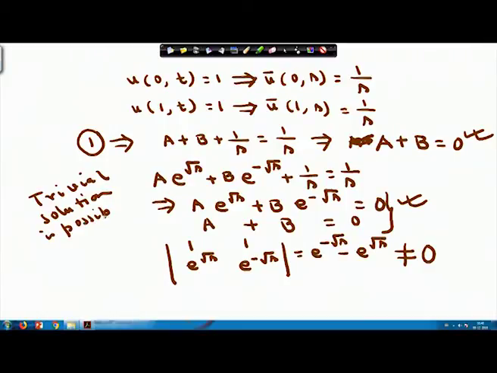And what is the trivial solution for this case? Trivial solution will be a equals b equals 0.